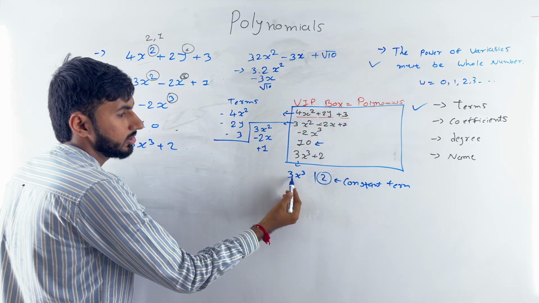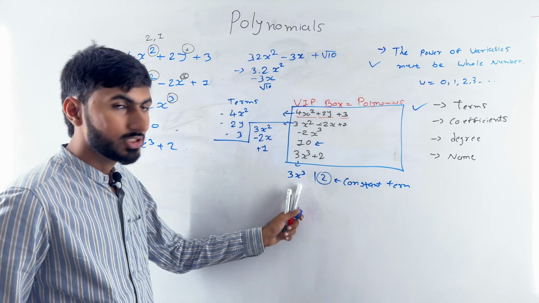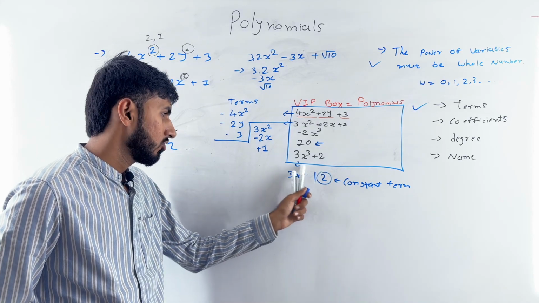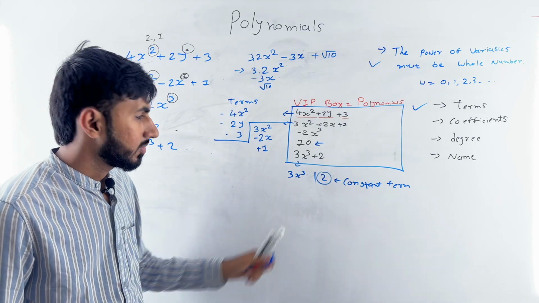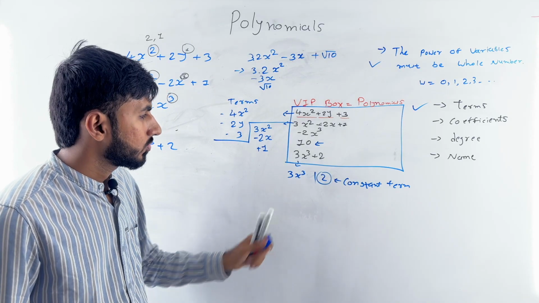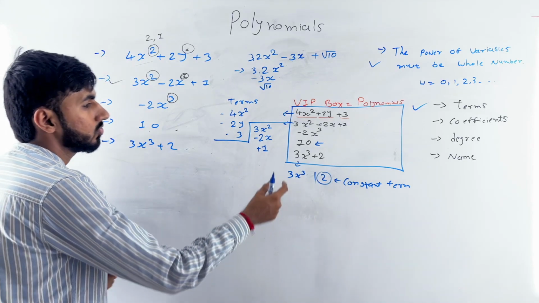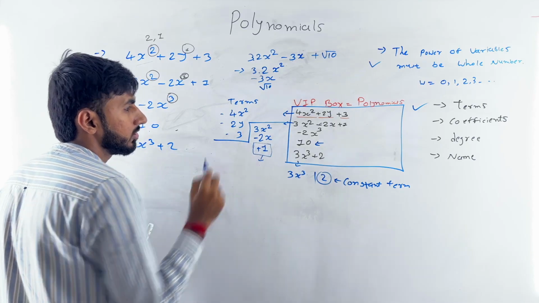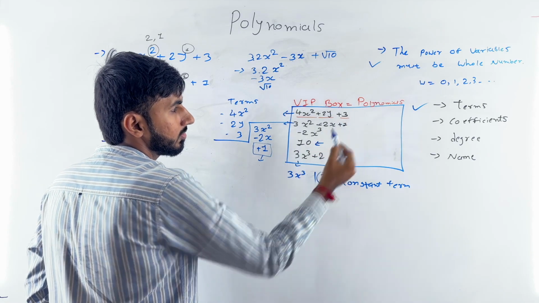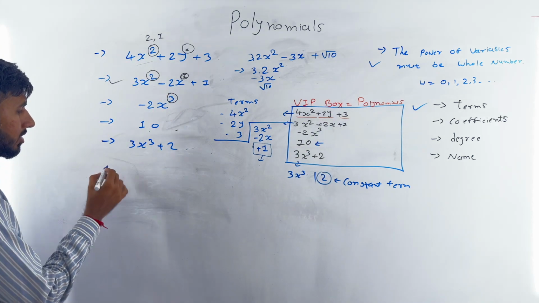right? Here 3x³, I can put the desired value of x to get my answer. So I can change the value of this term. If I put 1 in place of x, my answer will be 3. 2 in place of x, my answer will be 24, right? So a constant term is a term which cannot change the value. Here in this polynomial, I have constant term as plus 1. In this polynomial, I have constant term as plus 3, right?